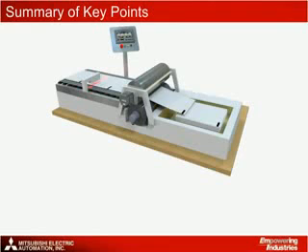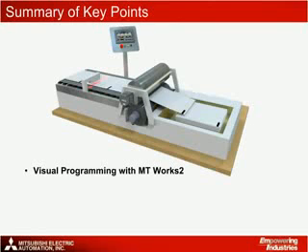In summary, the rotary knife solution from Mitsubishi Electric provides an easy-to-understand, flexible representation of the system through visual programming with MTWorks 2. This reduces the development time up to 30% and provides an advantage for machine builders who would like to tweak a virtual version of their system quickly and easily.